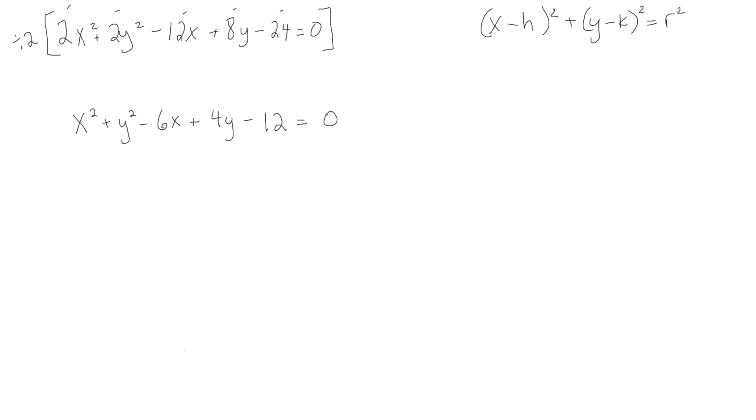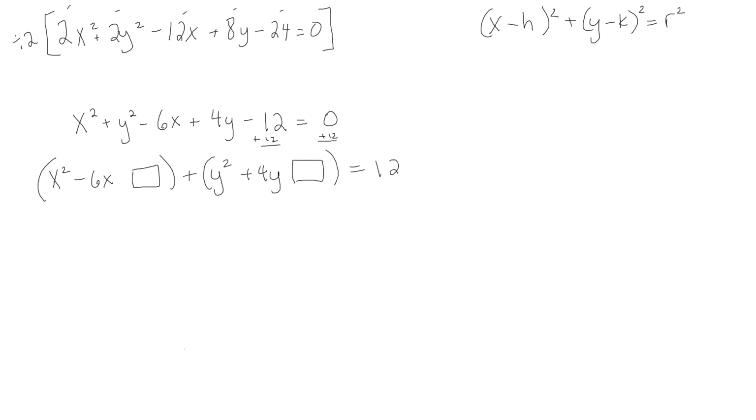Now I'm going to put together the terms that belong together. X squared minus 6x, and I'm missing something. Plus y squared plus 4y, and I'm missing something. I'm going to take the 12 to the other side. Equals 12.